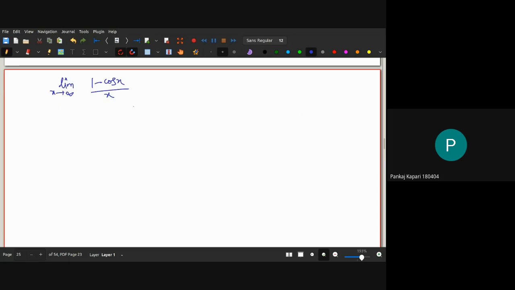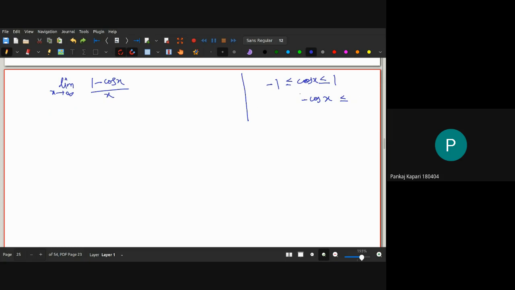So notice that these trigonometric functions like cos x always lie between 1 and -1. So what will happen with 1 minus cos x? Let's do it step by step. You just take the minus sign.